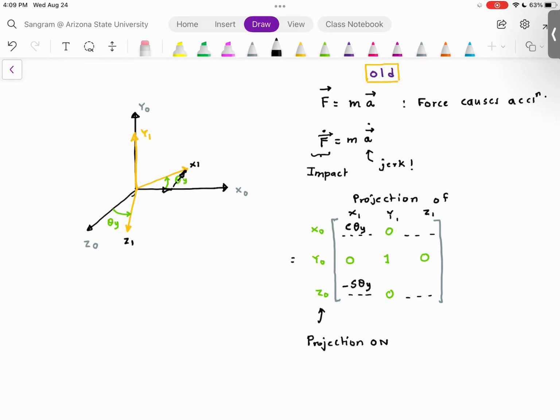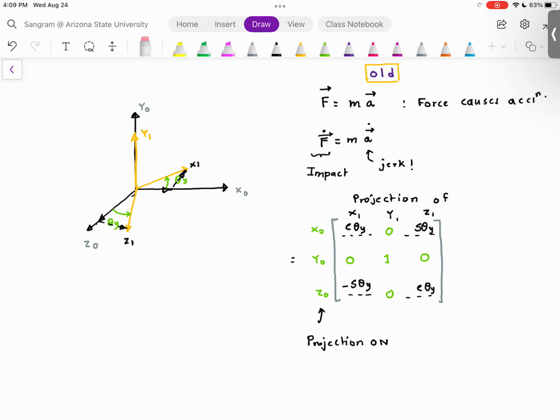Projection of z1 onto z0 is cosine theta y, and projection of z1 on x0 is sine theta y.